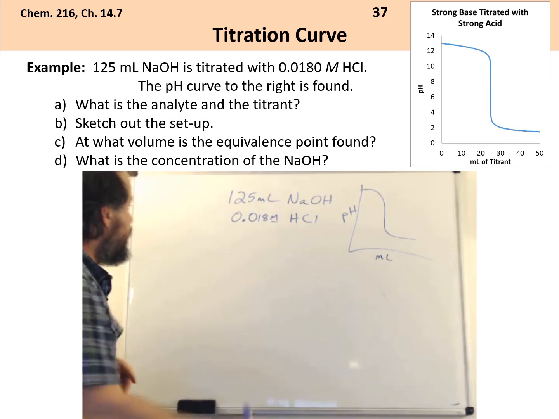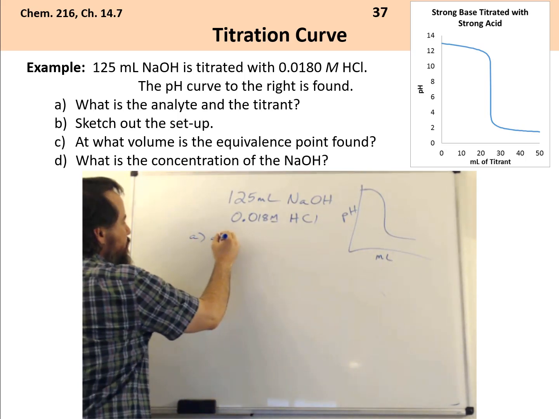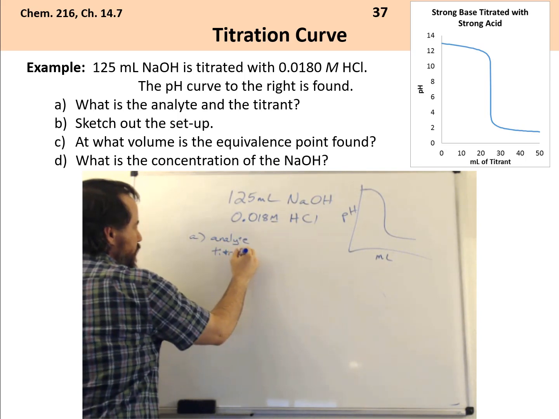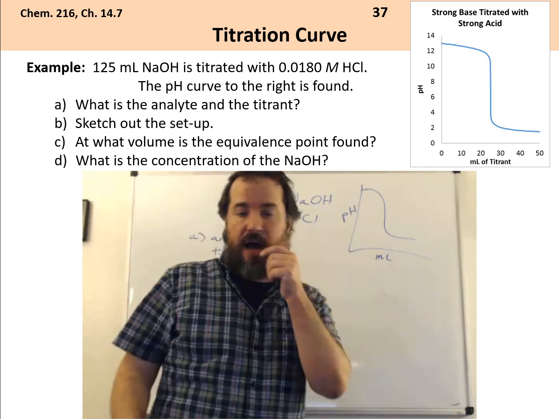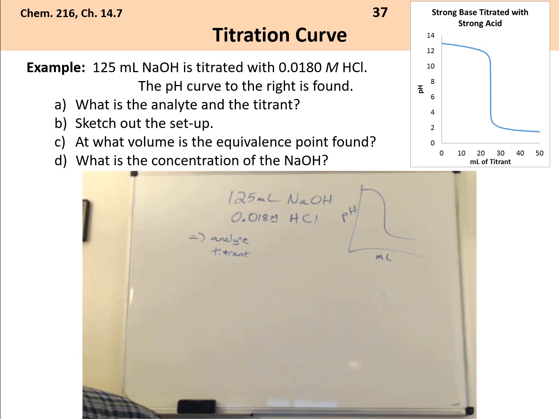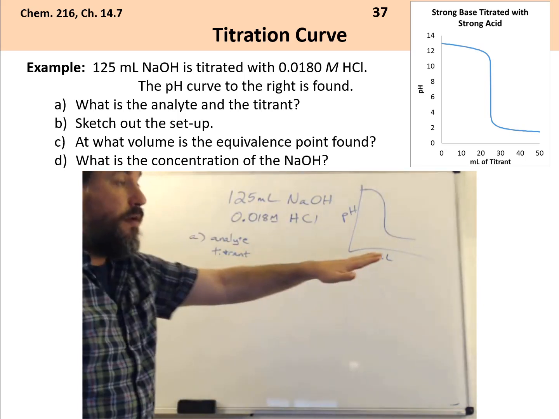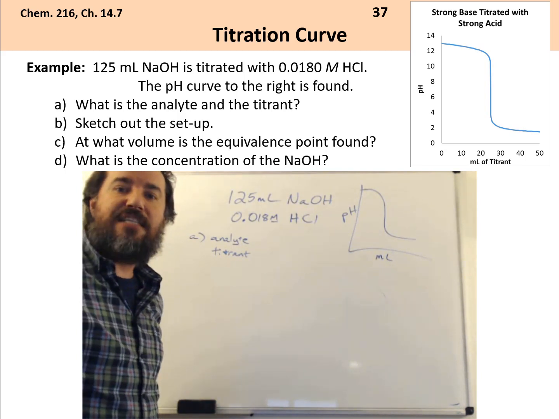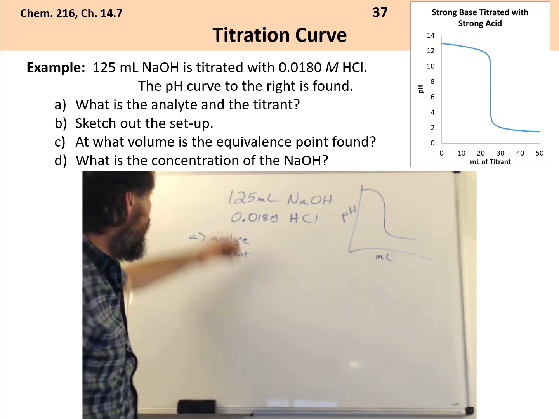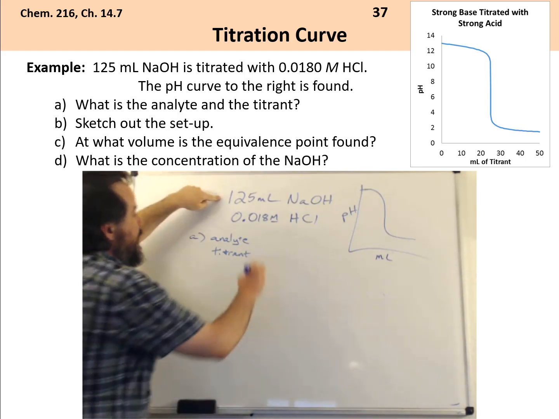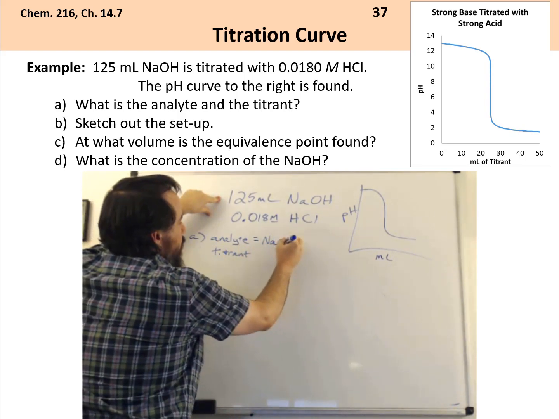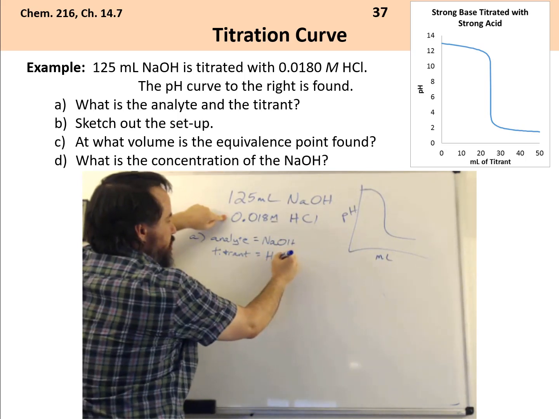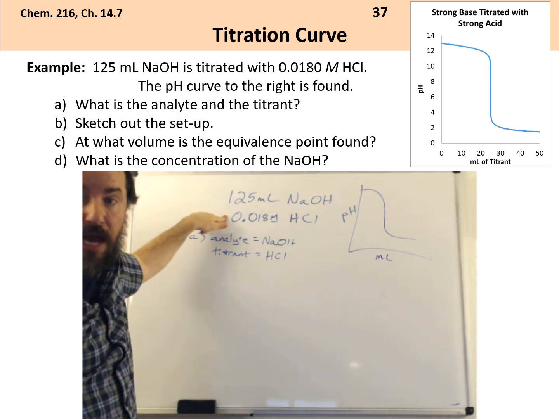The first question is, what's my analyte and what's my titrant? If you go back to the very beginning of this section, I said the analyte is always the thing whose concentration I don't know. Well, I know the concentration of HCl, so that makes it the titrant, and NaOH must be my analyte.